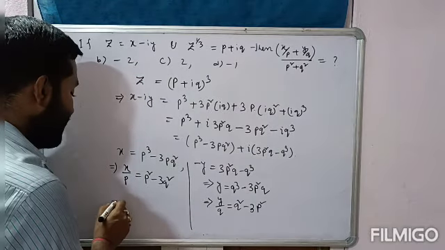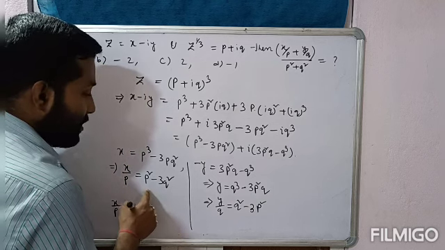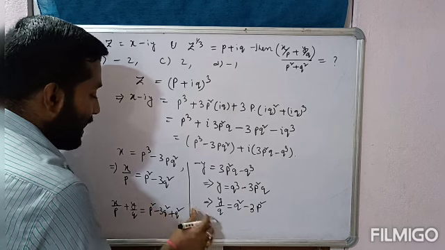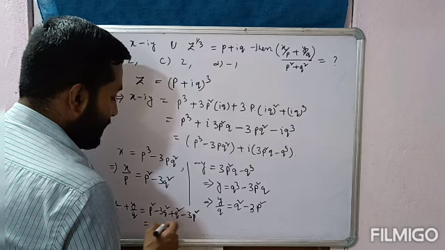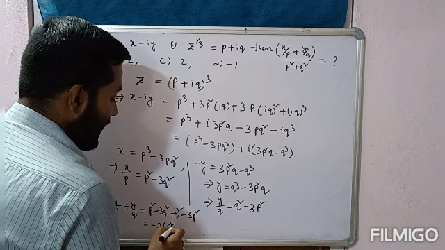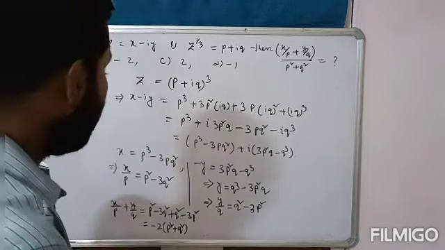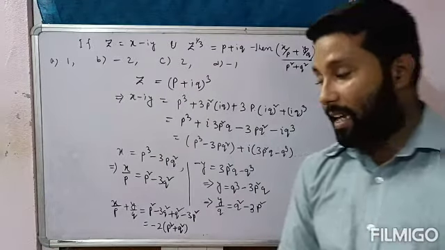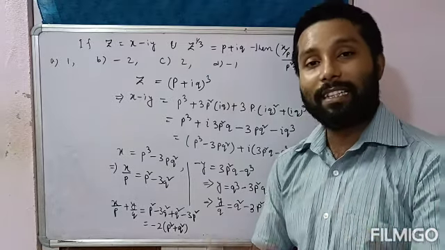Why we need to find out these values? So that now we can add these two values as per the requirement. So if I add these two, x by p plus y by q, तो फिर क्या मिलेगा मुझे? p square minus 3q square plus q square minus 3p square. So p square minus 3p square is minus 2p square, and minus 2q square. If I take minus 2 common, the value of x by p plus y by q is equal to minus 2 whole into p square plus q square हो जाएगा. ठीक है. वैसे कैसे सिंप्लीफाई करना है, कैसे प्रोसीड करना है, वो टेक्निक याद रखना है.